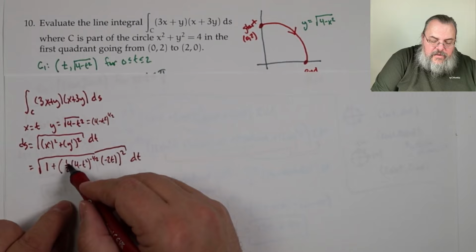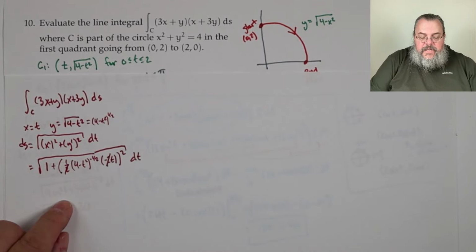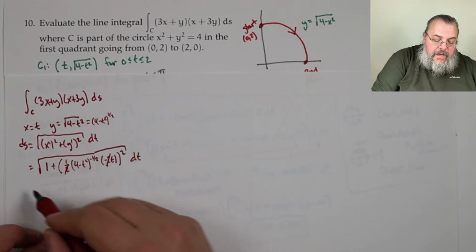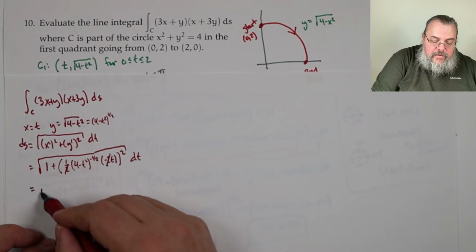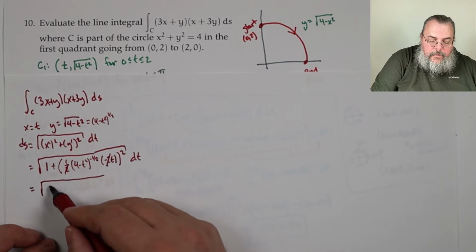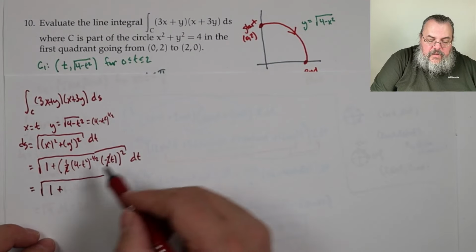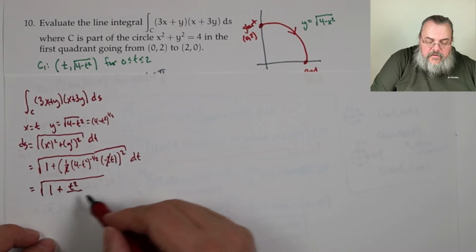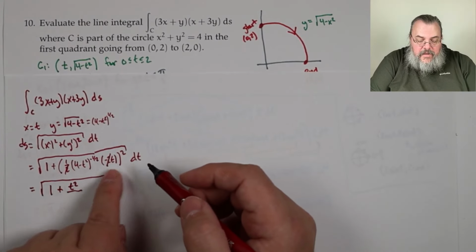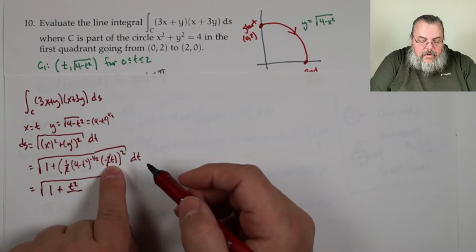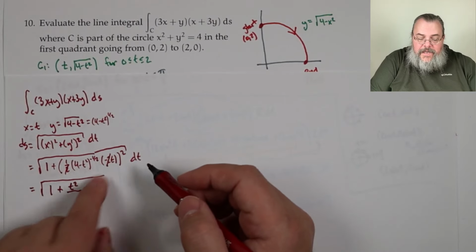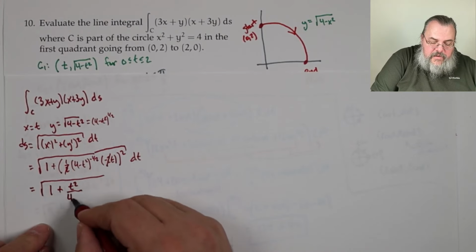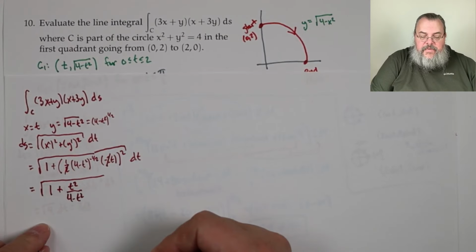Well, some good news, the 2's cancel. The minus, when we square it, goes away. So this becomes the square root of 1 plus, here, we'll get t squared in the numerator, and downstairs, because we're squaring it, the minus squared goes away, t squared. 4 minus t squared to the minus 1/2 becomes a 4 minus t squared downstairs.